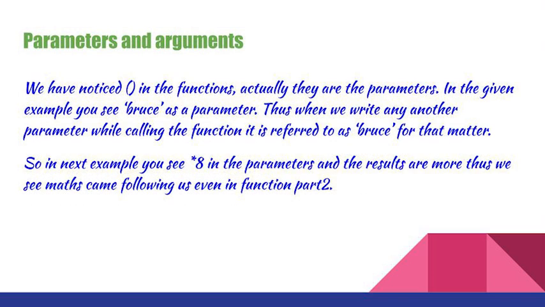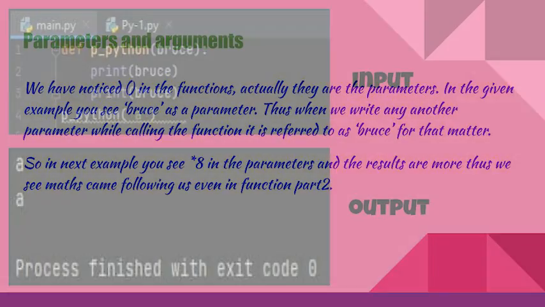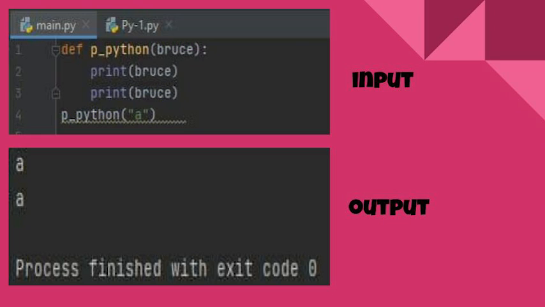We have noticed parentheses in every function that we write. These parentheses contain parameters. In the example that is given, you can see that the function contains the parameter Bruce. So when we print Bruce in the function and then we call the function with the argument a, we get the result a, which is very simple.